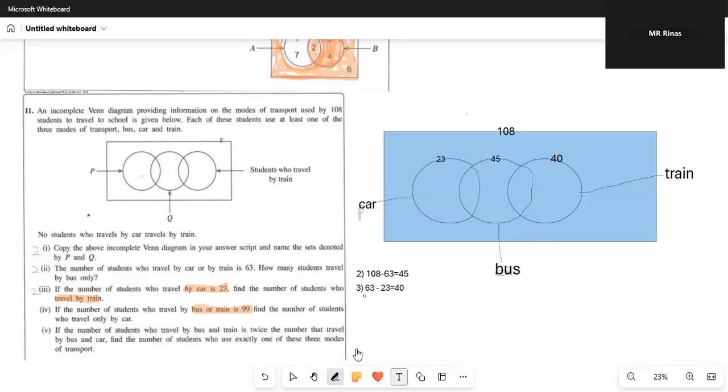Then they ask you to find the number of students who travel only by car, which means only this portion, right? So this part is going to be this.